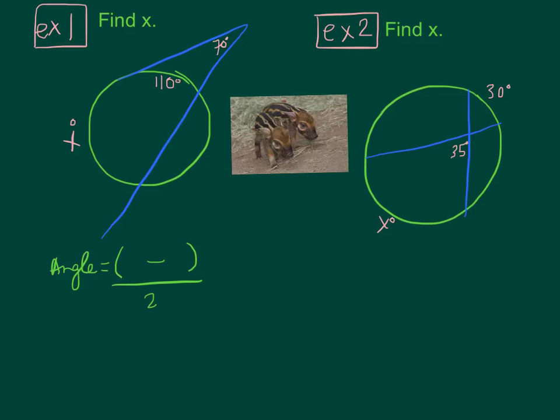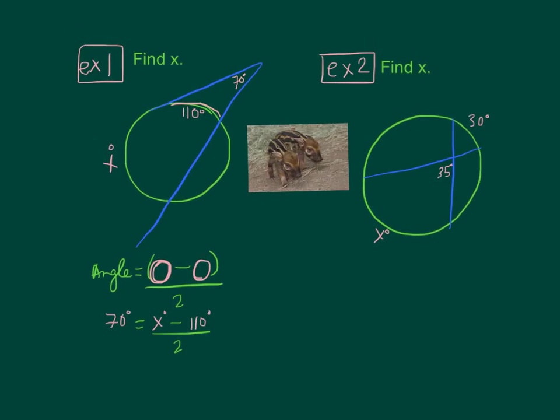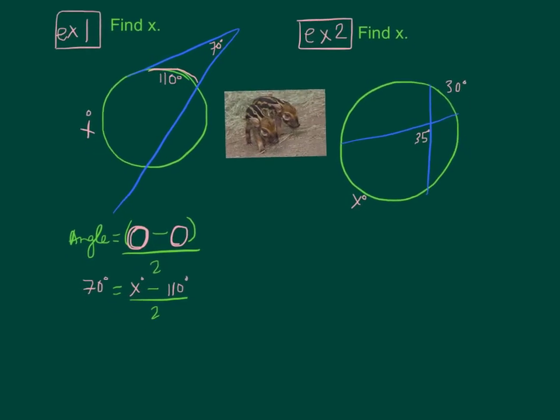So let's go ahead and see what those measures are. The angle is 70 degrees. Remember, the bigger arc goes here, so that would be x degrees minus the smaller arc, that's 110 degrees, that's going here, and then divided by 2. So now I'm going to have to do some calculations to find that measurement.